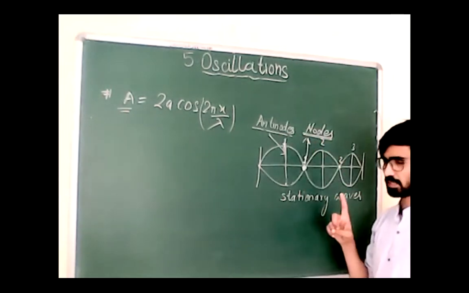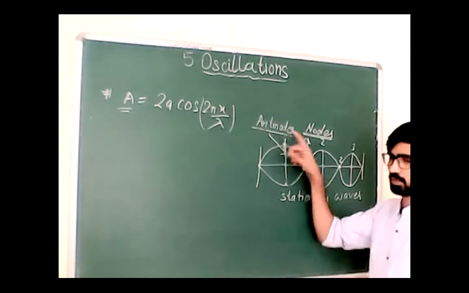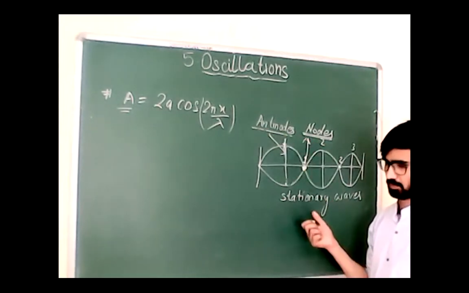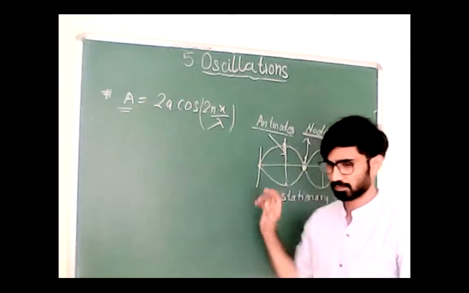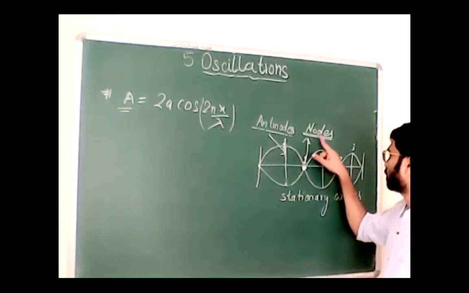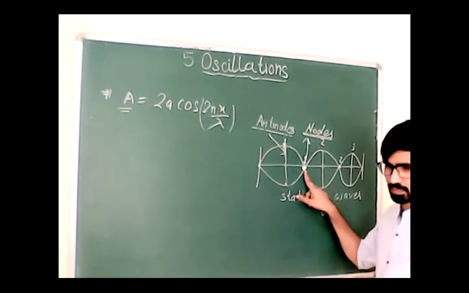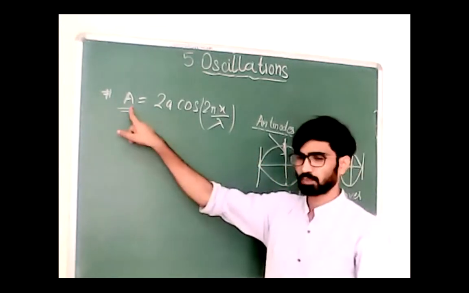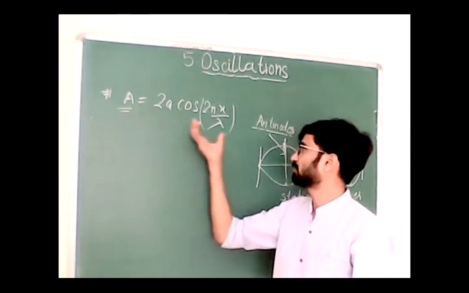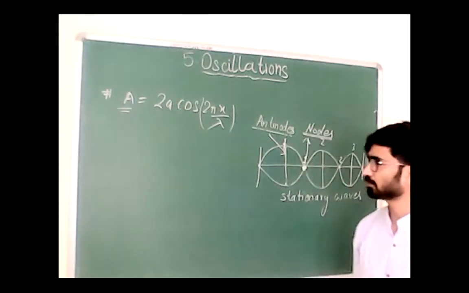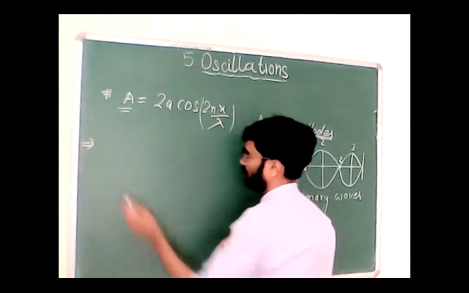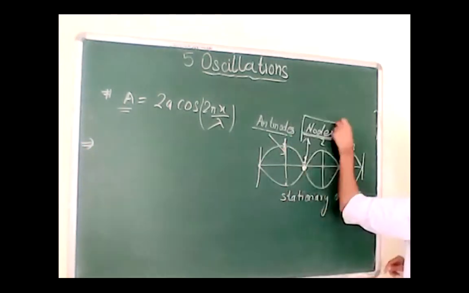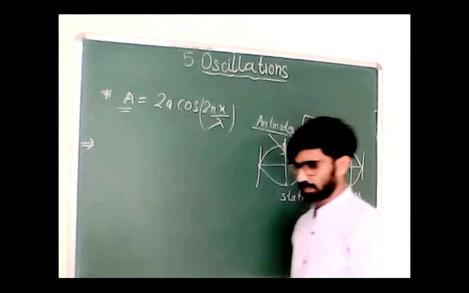First condition says that at antinode the amplitude is maximum, so we can apply the formula over here. Second condition says that for nodes the amplitude is zero, so we can put amplitude 0 and find the condition for nodes. In the previous lecture, I completed the condition for nodes. Is it correct?